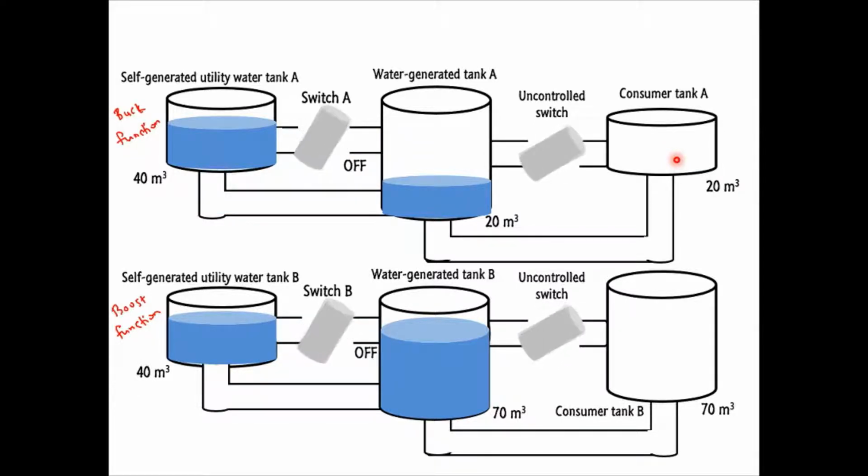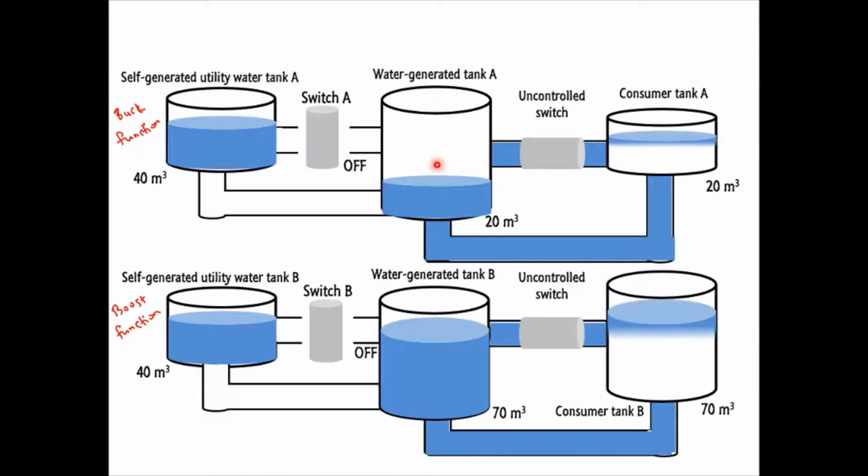As you can see, when both switch A and B are turned off, the consumer tanks are only connected to the water generated tanks. The water generated tanks will be the sole water supply to the consumers.